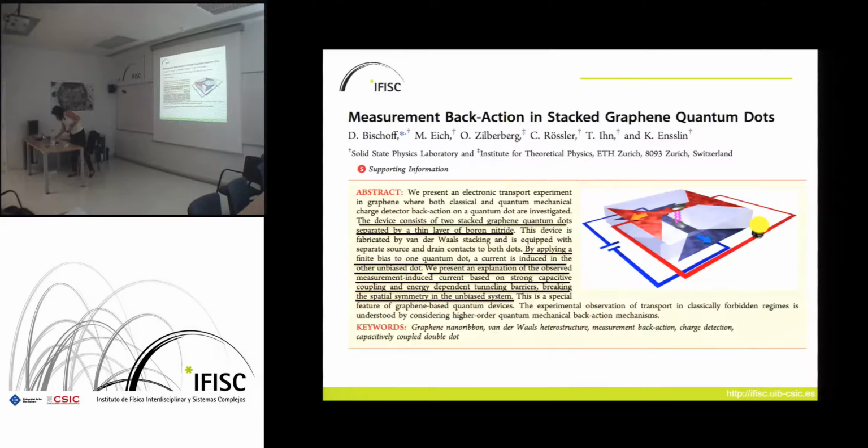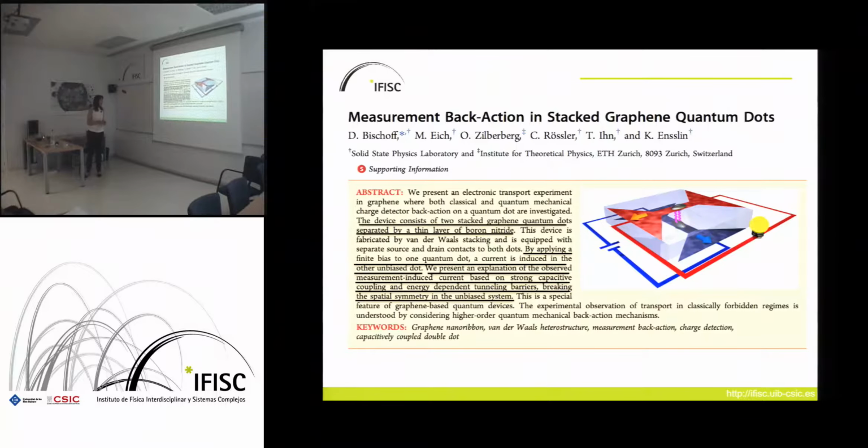Before this experiment, there was another one in which they used graphene. But at the end, the idea was the same. So by applying a finite bias to one quantum dot, a current is induced in the other unbiased dot.